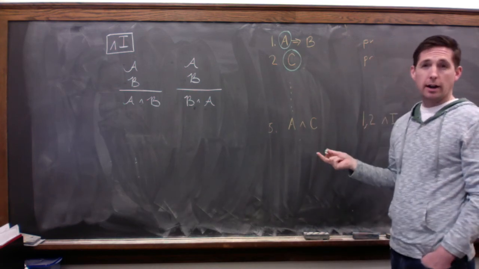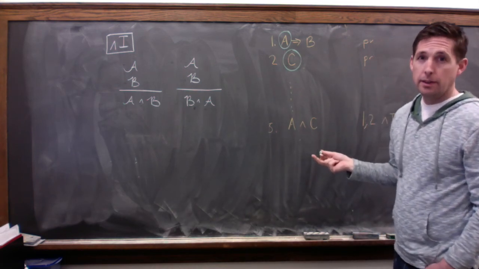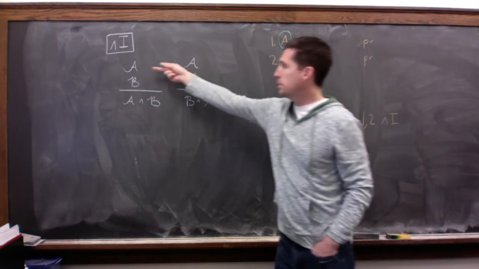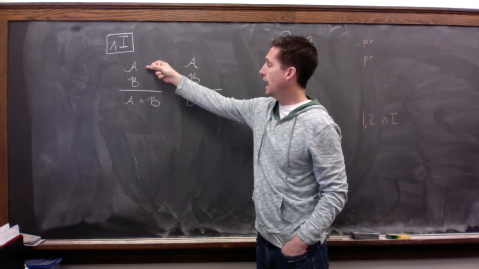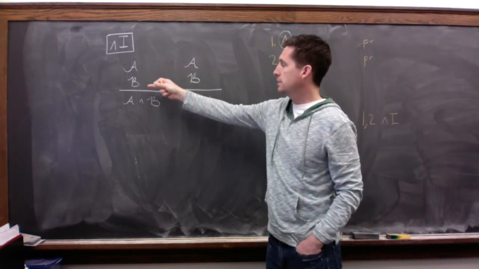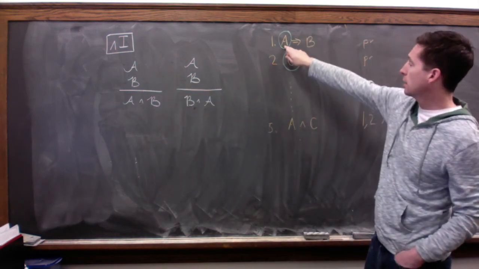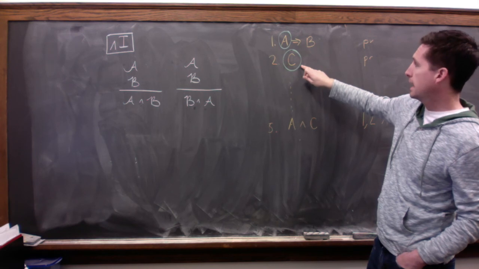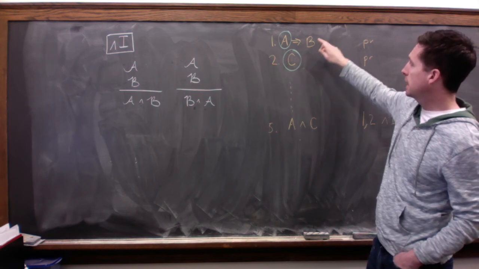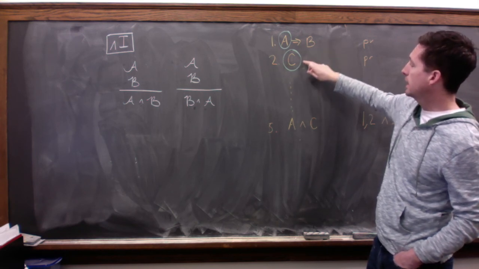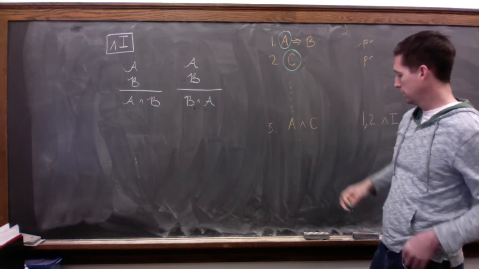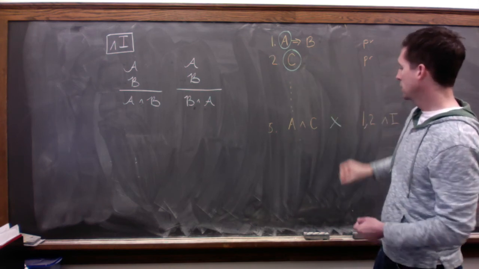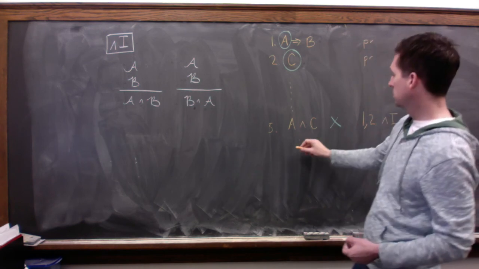That's not the way our AND in rule works, because the A and the B have to be on the entire formula that's on a line. That is, you can't take a part of line 1 and put it together with line 2. What AND in says instead is that you can take everything on line 1 and connect it to everything on line 2 with an AND. So while this is incorrect, what you actually could do is write down something like this if you wanted.